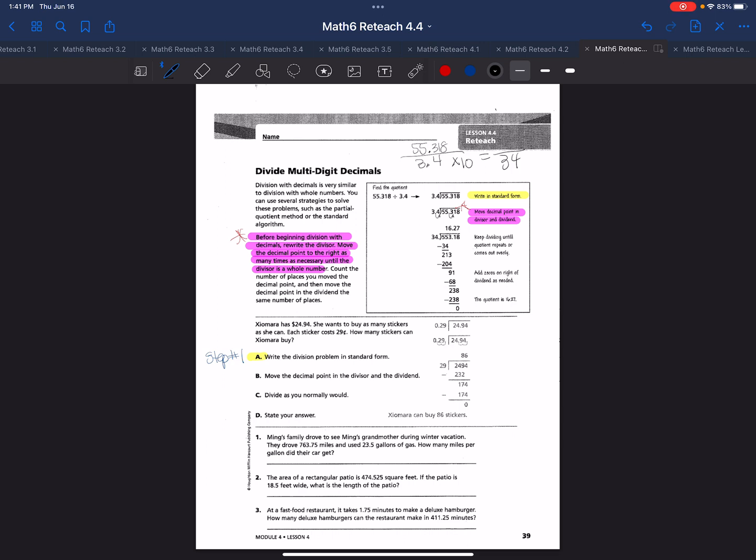So what I do to the denominator, I have to do to the numerator. Because if I'm multiplying this number by 10, I must also multiply the dividend by 10. So here is step 2.